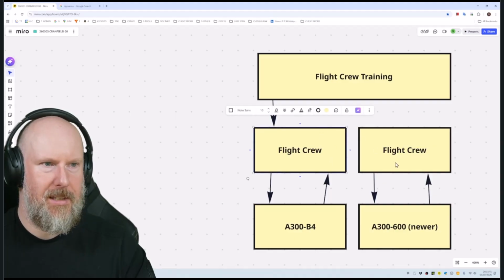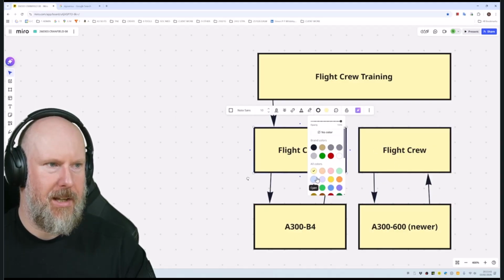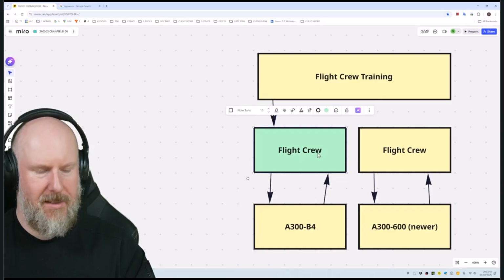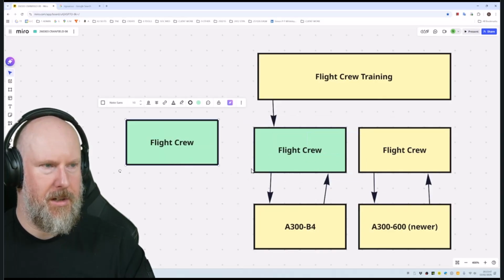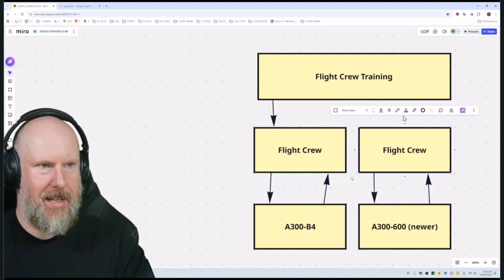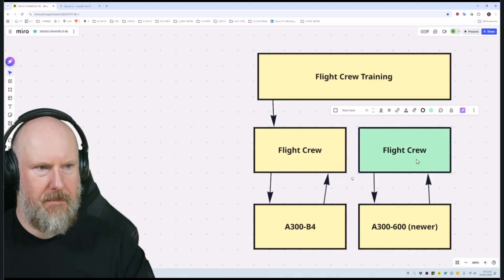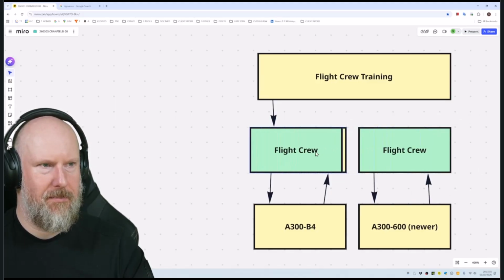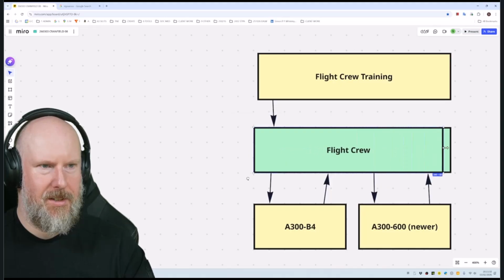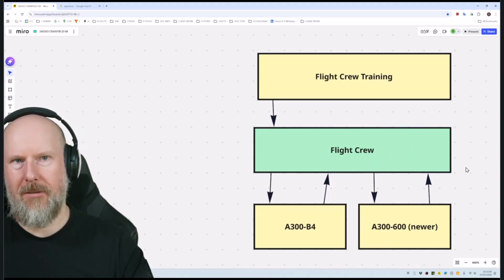So if you take this flight crew, let's make them green, and sorry, not that way, it's the other way around, isn't it? If you take this flight crew and you copy them, essentially paste them onto the other aircraft so that they can now fly either of those 2 aircraft.